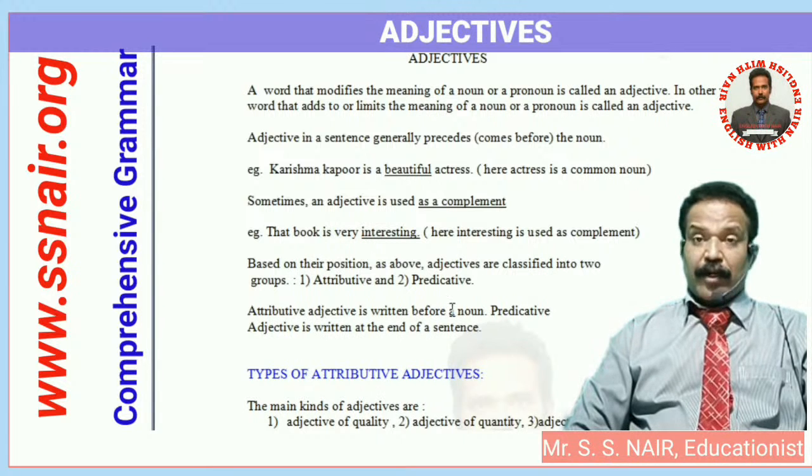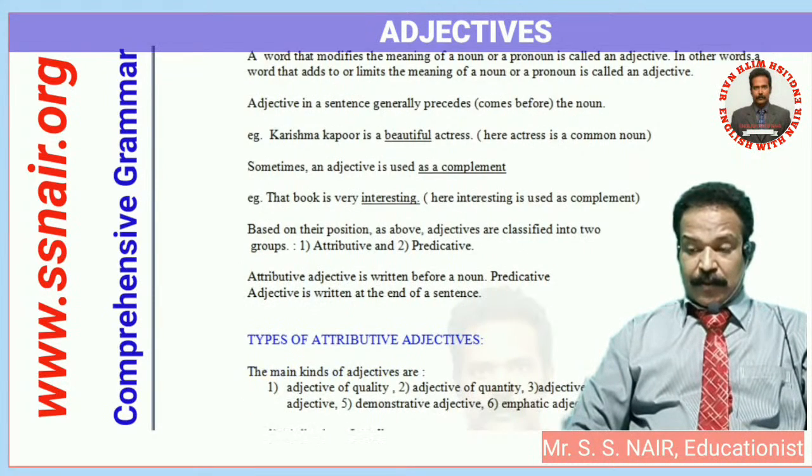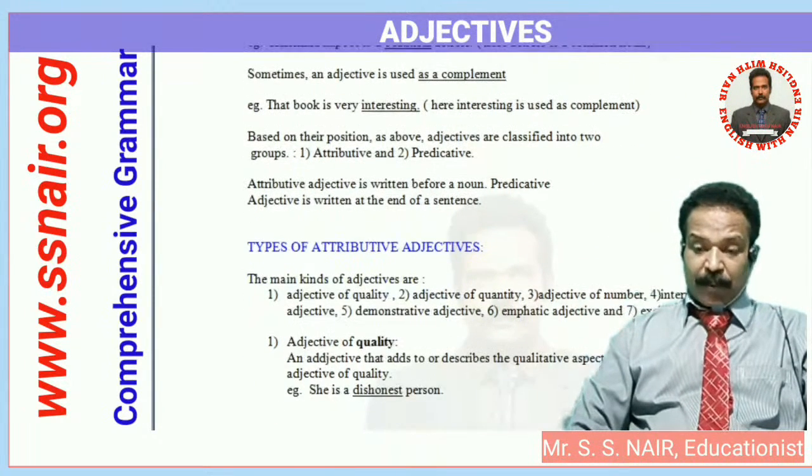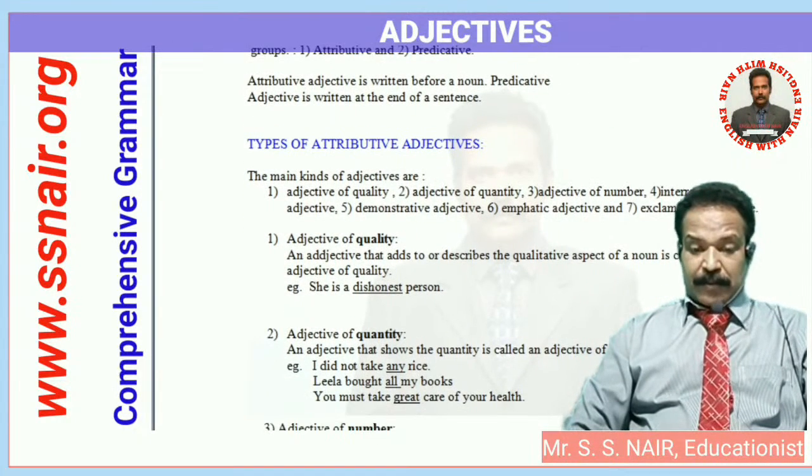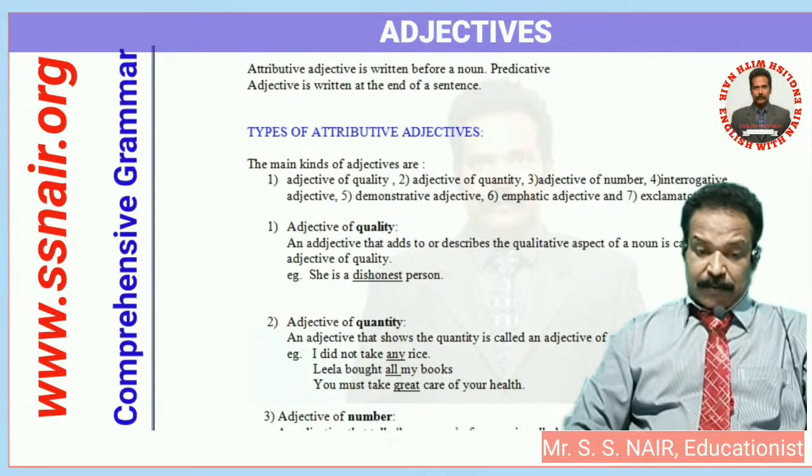Attributive adjective is written before a noun, especially it comes before a noun, and predicative adjective is written at the end of a sentence. So adjective that is used before a noun is called attributive adjective, and predicative is mostly at the end of the sentence.